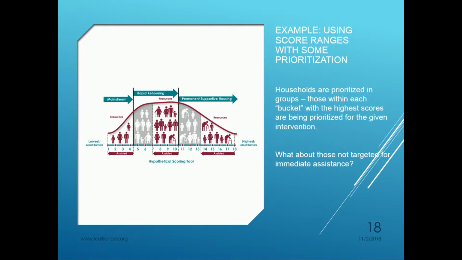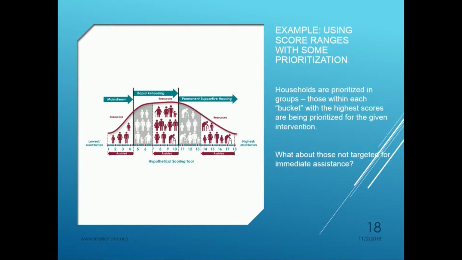So as an example, a household that scores 12 on here is not considered for rapid rehousing, but they may have little chance of receiving PSH because every month there are more households being added to the list that are scoring in the 14 to 18 range.